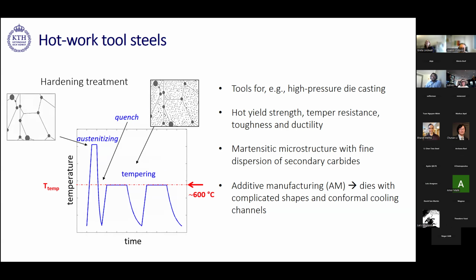During the hardening treatment, you would heat the material to the temperature where austenite is stable, and then you would quench the material with high enough cooling rates so that martensite can form. So you have a martensitic structure, and this you then temper at a rather high temperature so that alloying elements can diffuse and form carbides or secondary carbides, which contribute to the strength of the material. But this is how it's done conventionally.